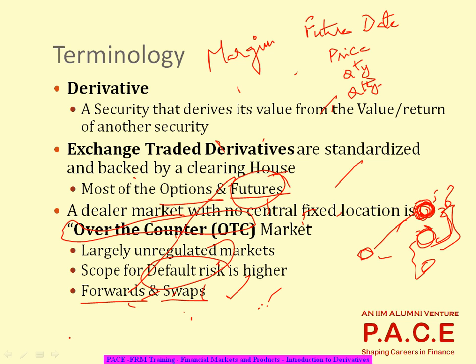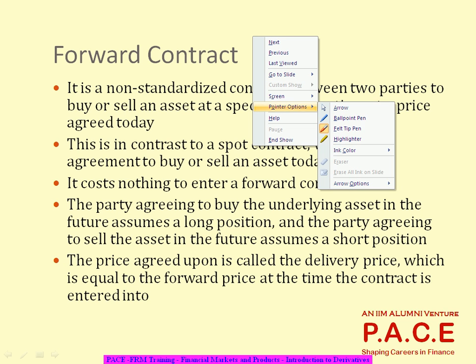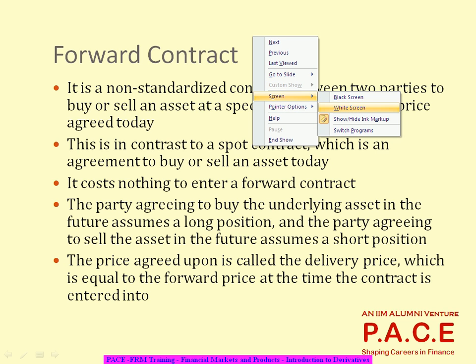But the most plain vanilla kind of options, we'll see what each of them are, they are traded on the exchanges itself. Now, simply to understand these four instruments, let me give the basics of all the four, then we'll read through these.